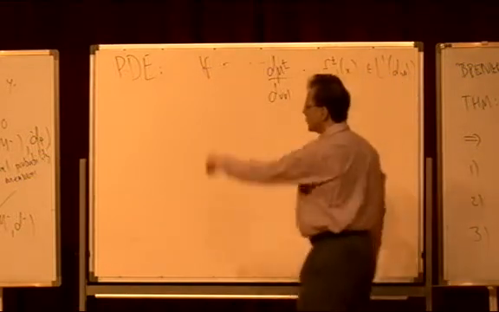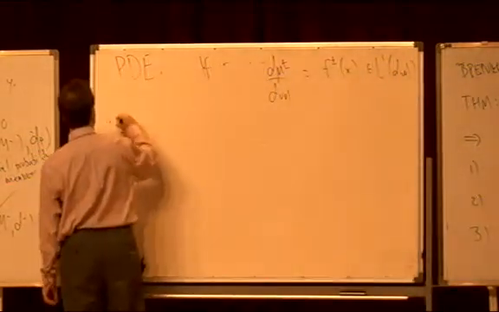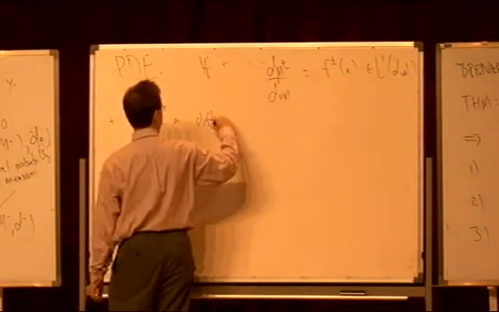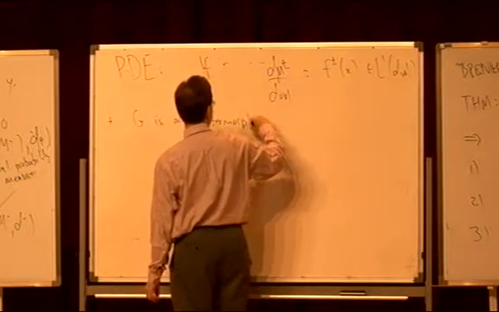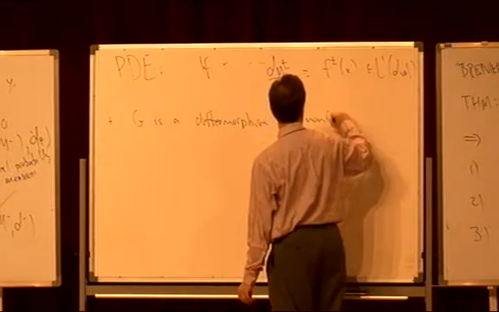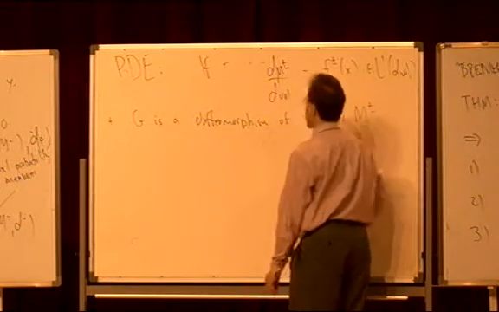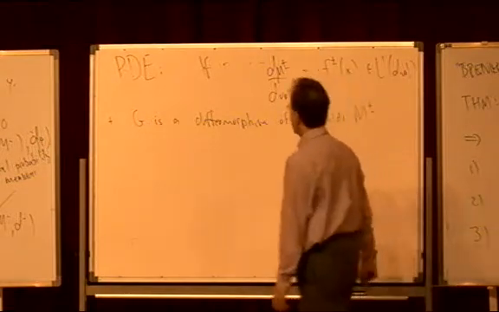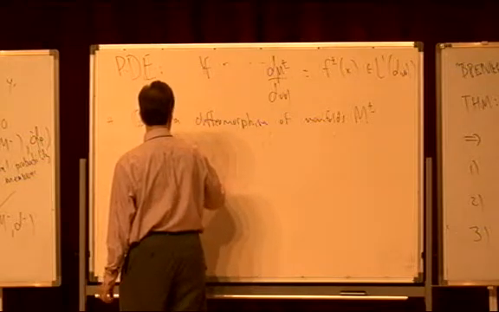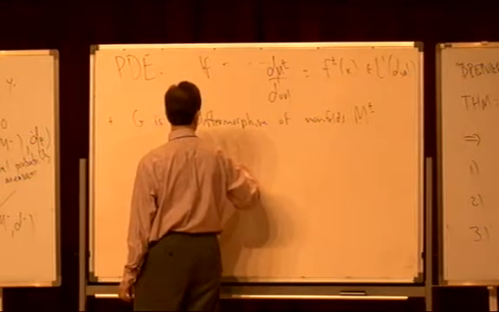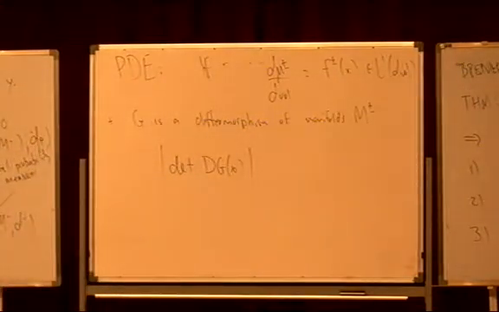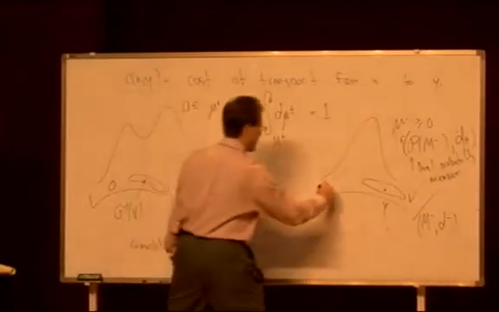and if it turned out that this mapping G was a diffeomorphism of manifolds of the same dimension, then basically the Jacobian of this mapping, so the determinant of the derivative of G, the absolute value of that would be telling you the distortion between maybe a small set here and a small set there.